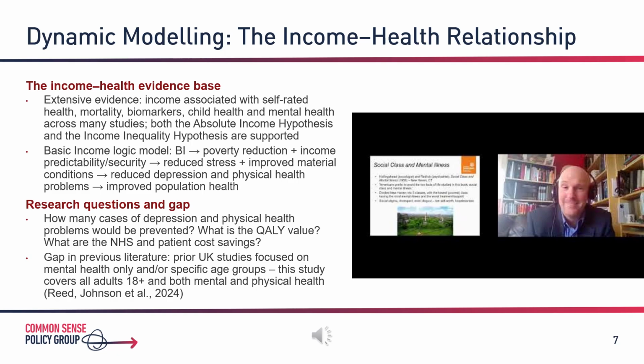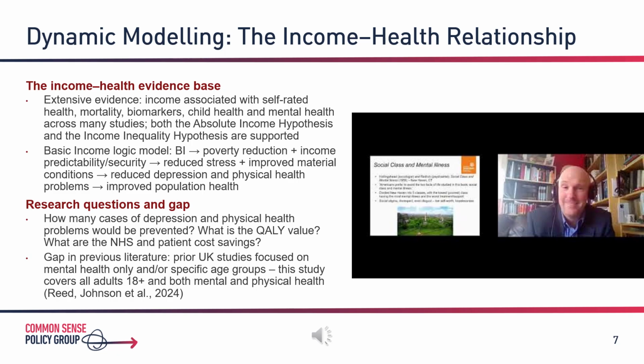These improvements in material conditions reduce chronic stress and improve access to health-promoting goods and environments. These in turn reduce the prevalence of depression and physical health problems, improving population health and reducing NHS utilisation.